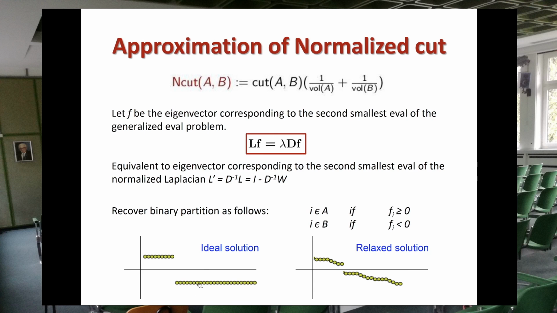This is the ideal solution, and this is the kind of solution that we will get with this normalized cut. All the points above the value 0 will be considered to be in one group, in this case group A, and all those points below 0, which are negative, will be considered part of the other group, group B.